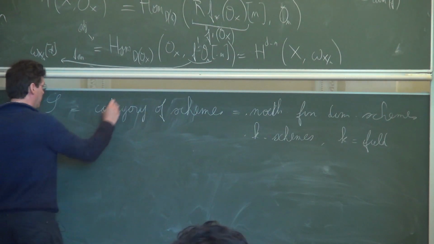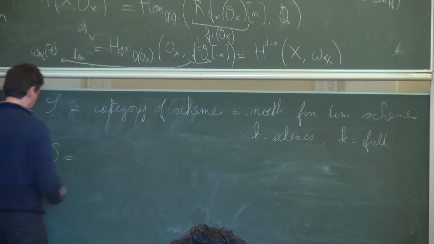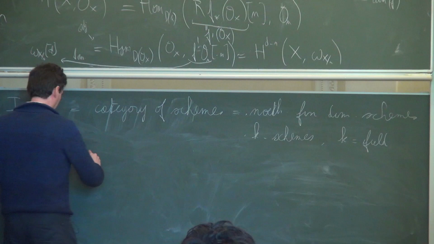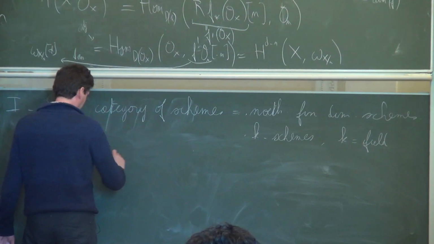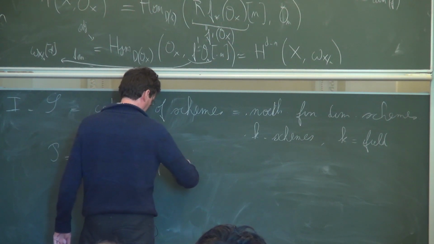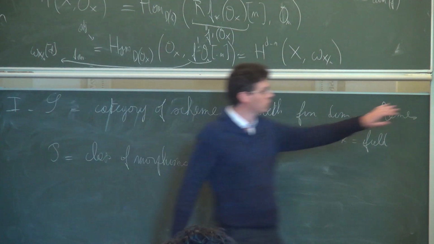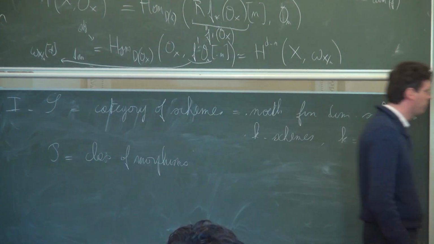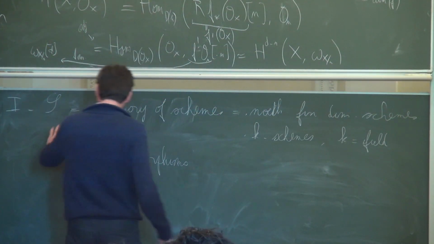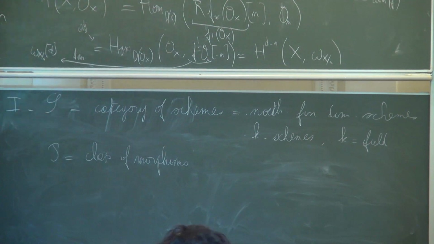Okay, so this will contain our base schemes, and I fix another part. This will be a class of morphisms P. Essentially, these functors f lower shriek and f upper shriek are not defined for all morphisms, and P will be a class of morphisms for which you have a kind of approximation of these functors.